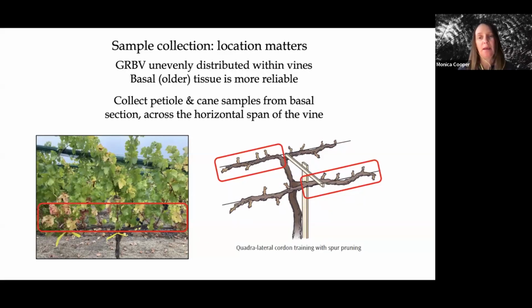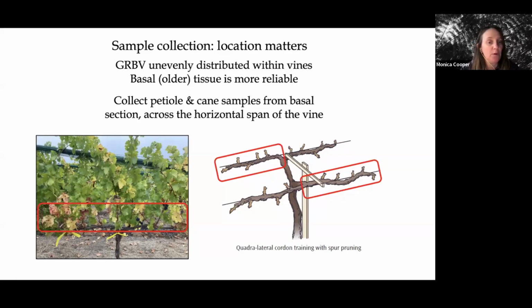So you won't get false negatives if you're using the basal tissue. So we really focus in that lower canopy when we're collecting petioles and also collecting canes, of course, respecting whatever wood you're going to need for the next growing season.